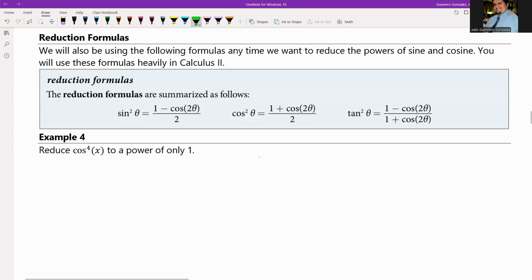Hopefully you guys see what's going on. All of these are a power of a trig. So it's sine squared, cosine squared, and tangent squared, right? But what happens is this. They get turned into other trig functions. Hopefully you guys see that, right?